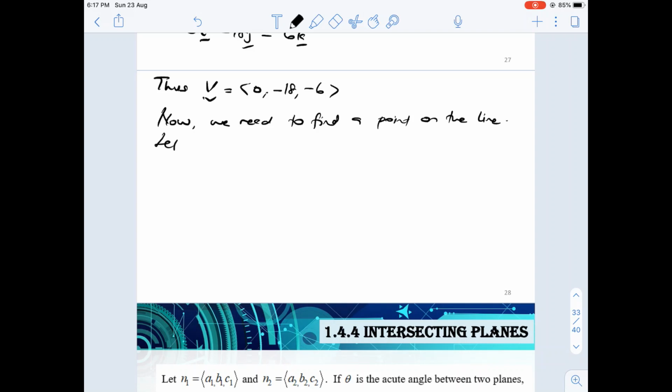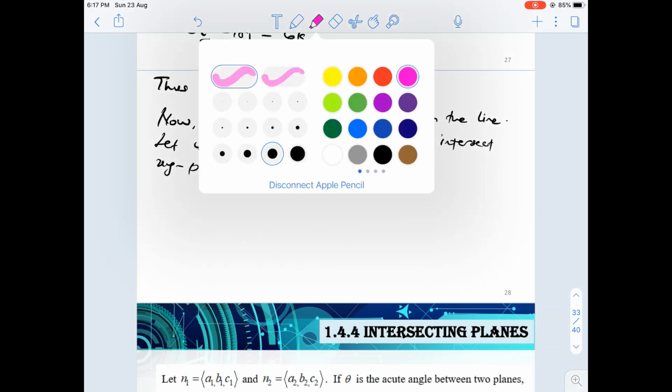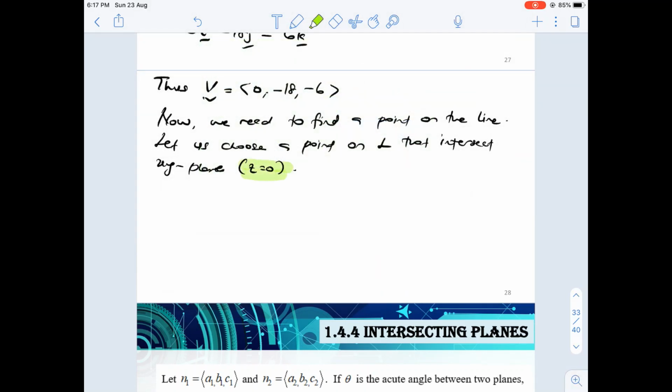Let us choose a point on L that intersects the xy plane. So the xy plane means z equals 0. I will highlight this. z equals 0.